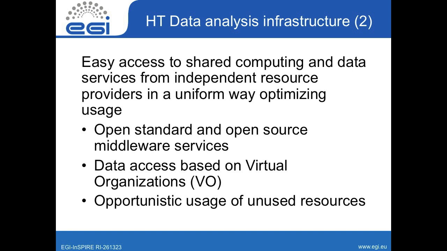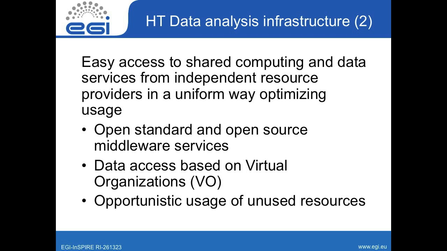So users can either own their resources and use our services to federate them and have easy access to them, or use the resources already available in the infrastructure in an opportunistic way.